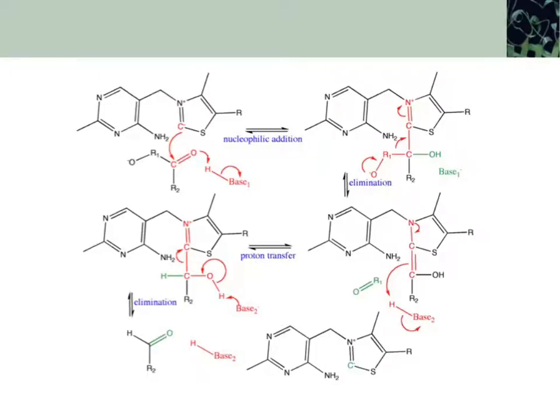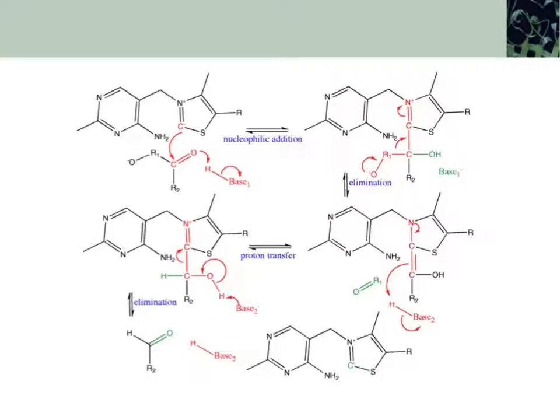Okay, so if we go through, we generate the nucleophilic carbon, which can attack our carbonyl. Okay, and this one, unfortunately, is not showing the best system. That can polarize it. We can end up doing our elimination. Our oxygen from our CO2 can come in, form a double bond with our carbon, but then we end up breaking that carbon-carbon bond.